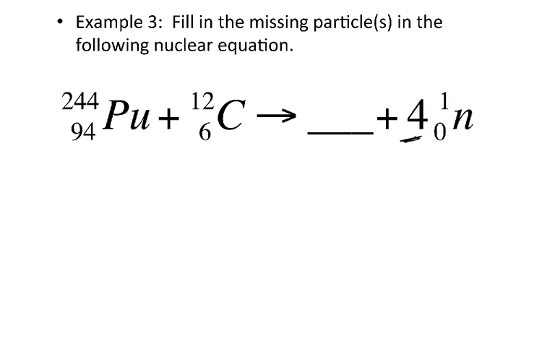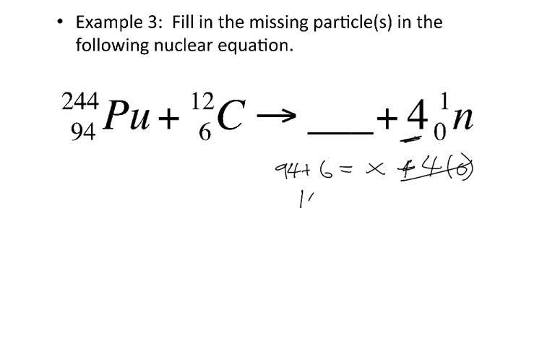But other than that, it works exactly the same way. So when I do the atomic numbers on the reactant side, I've got x, and then I have plus 4 times 0. All right, well, of course, 4 times 0 is just 0.